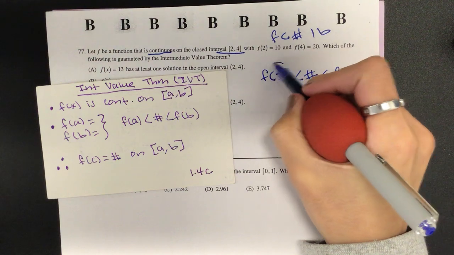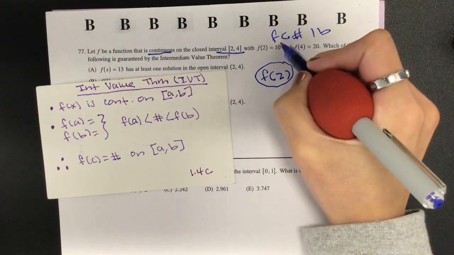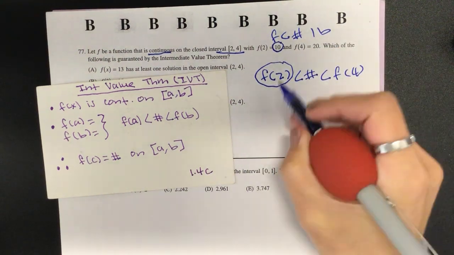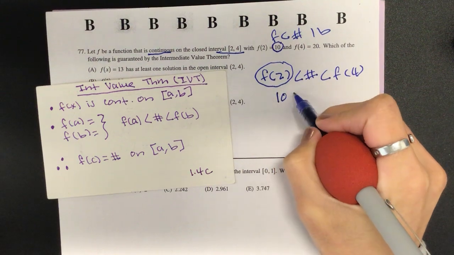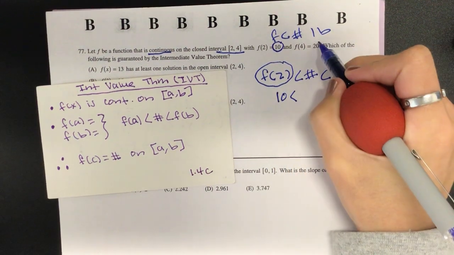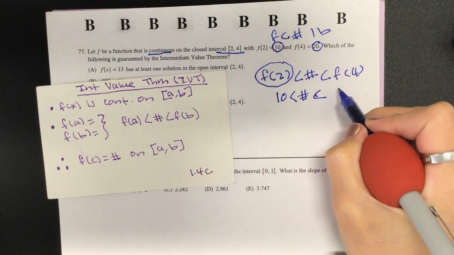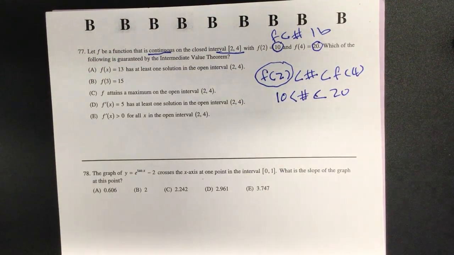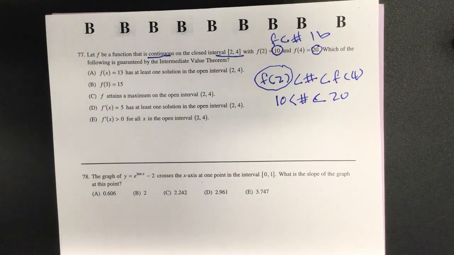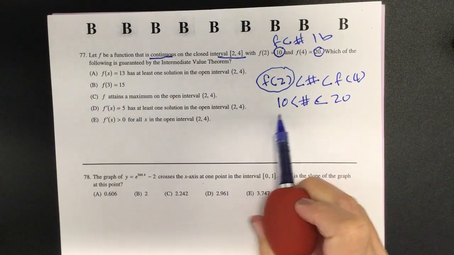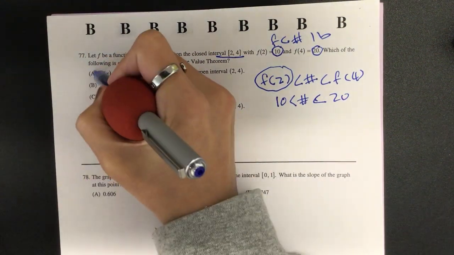If I specifically write out the value of f of 2, what's the y value at f of 2? Do we see 10? And the y value at f of 4 is how many? 20. So let's see which one satisfies that. Part A says there's a y value of 13 at least one time in the solution. Is that true? Does 13 exist? That has to be the right answer.